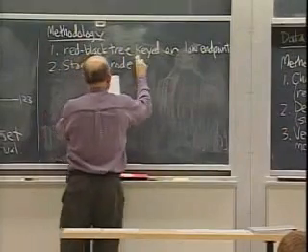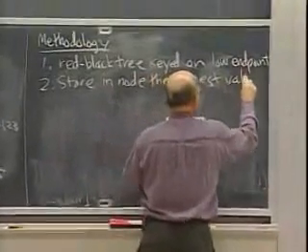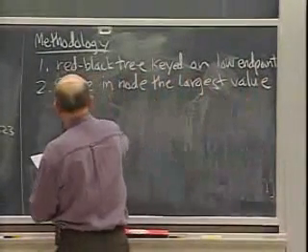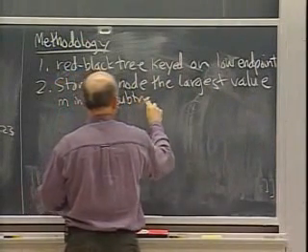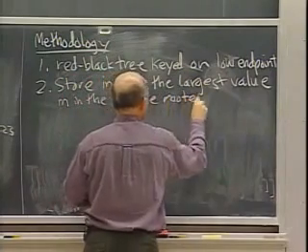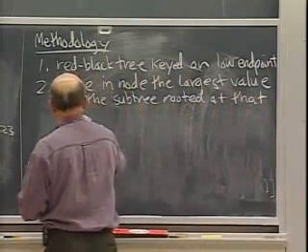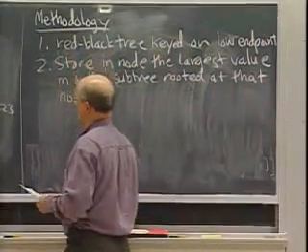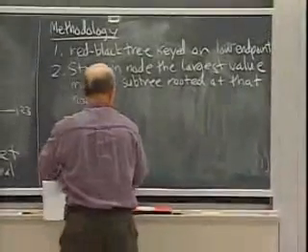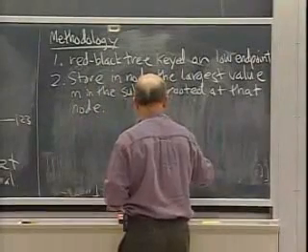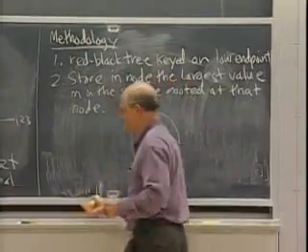You're going to store in a node the largest value, we'll call it M, in the subtree rooted at that node. Let's do it. So let me first draw it like this. A node like this, we'll put the interval here, and we'll put the M value here.